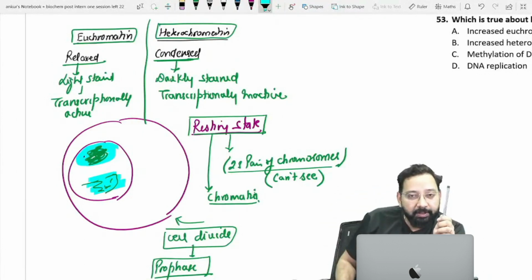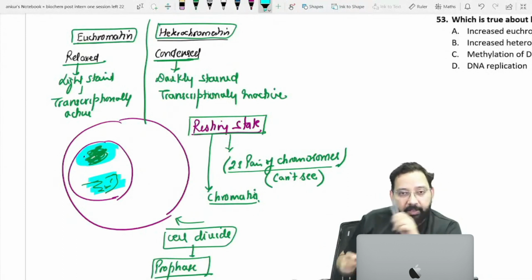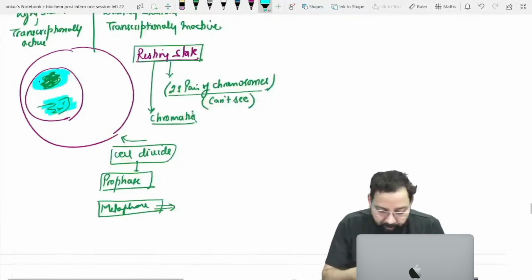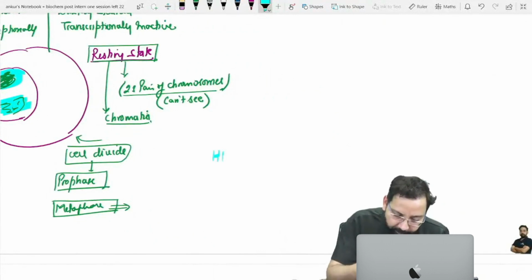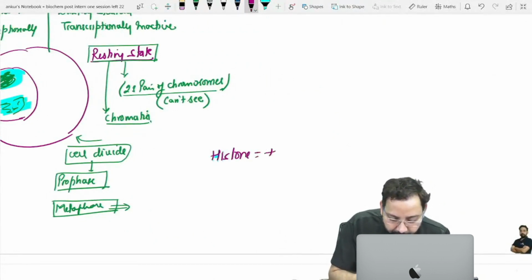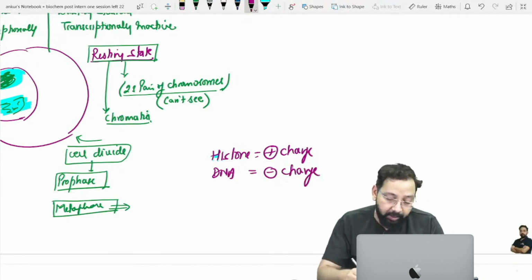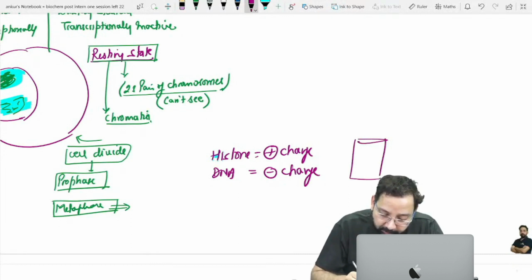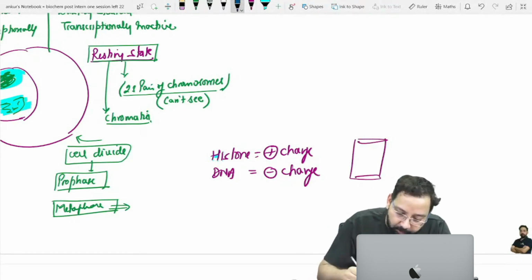This is histone protein having positive charge. DNA is having negative charge. Due to opposite charge, DNA is tightly attached to histone.